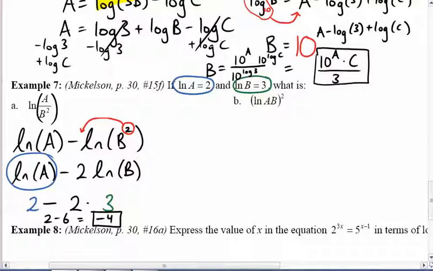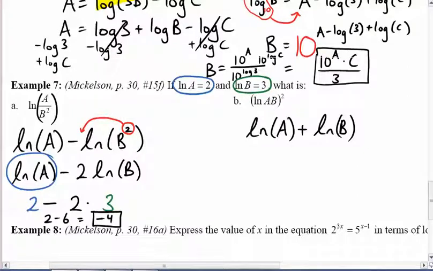So in this case we've got ln of ab squared. So we can use the product law. This is the same as ln a plus ln b. Now the squared here cannot come down as a coefficient because it's outside of the whole logarithm.